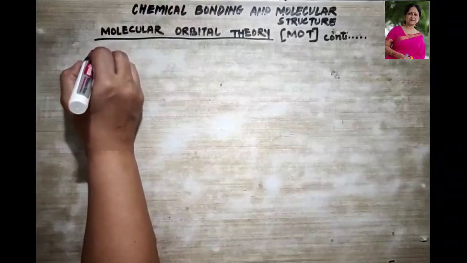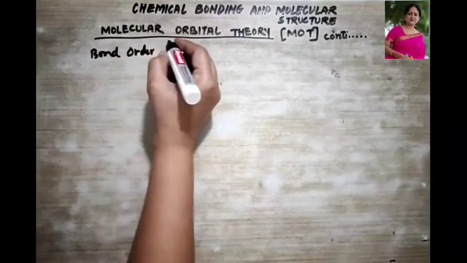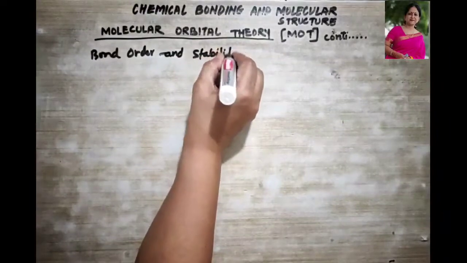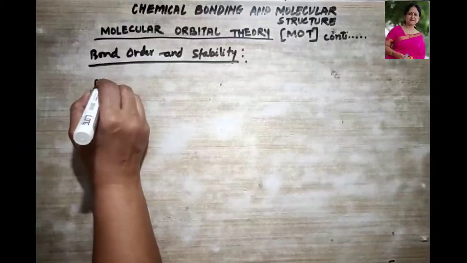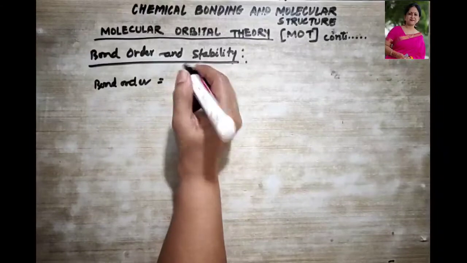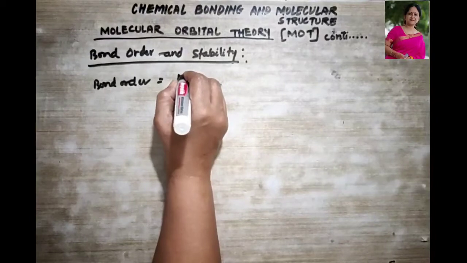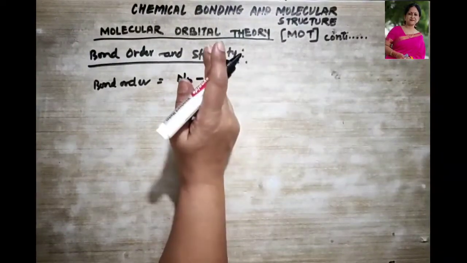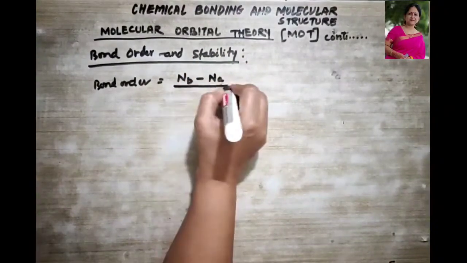Now let us understand the bond order and stability. Okay, so over here the bond order is equal to the number of electrons in the bonding molecular orbitals, that is Nb, right, minus the number of electrons in the anti-bonding molecular orbitals, that is Na, upon 2.